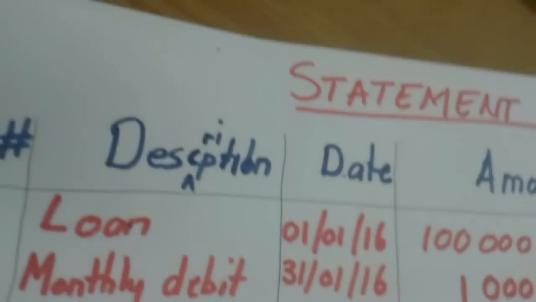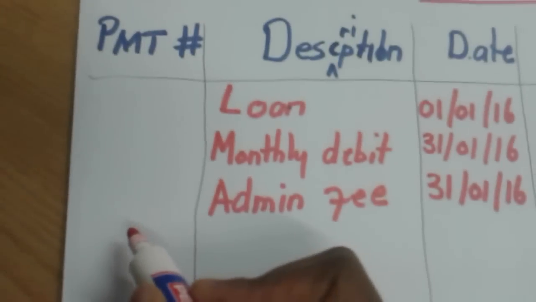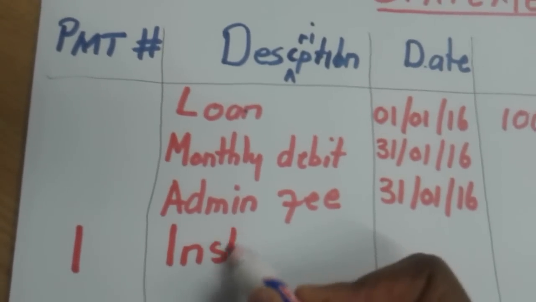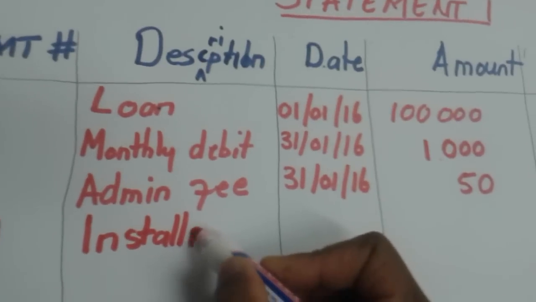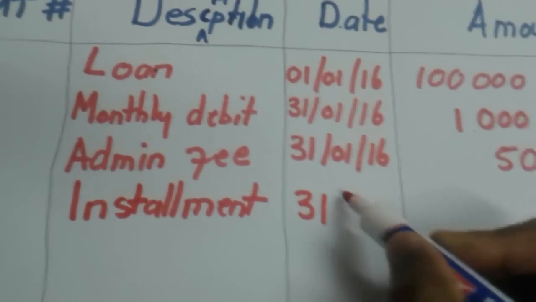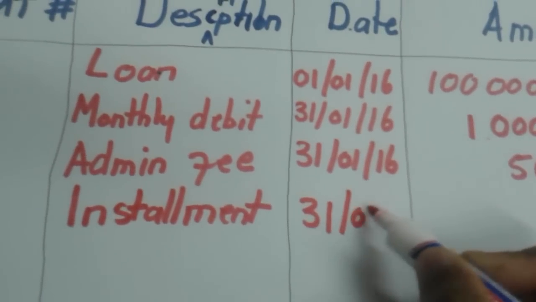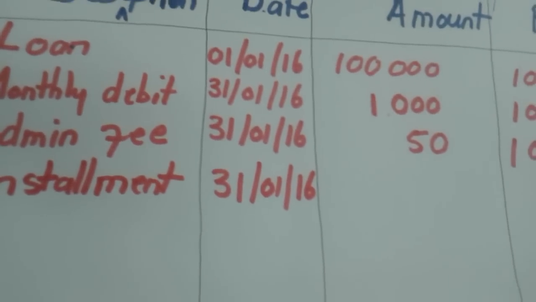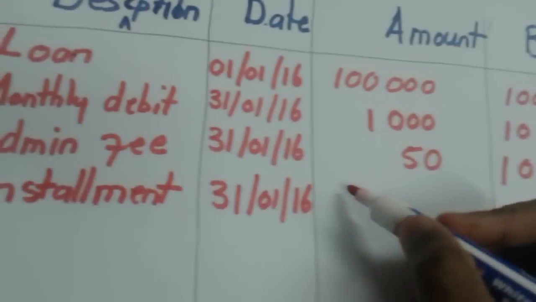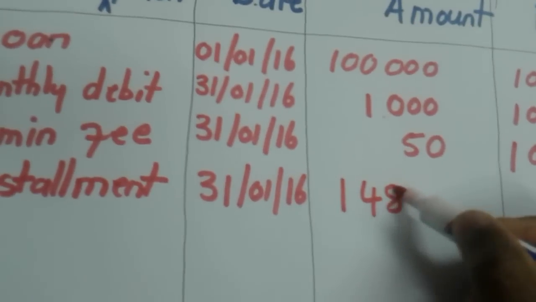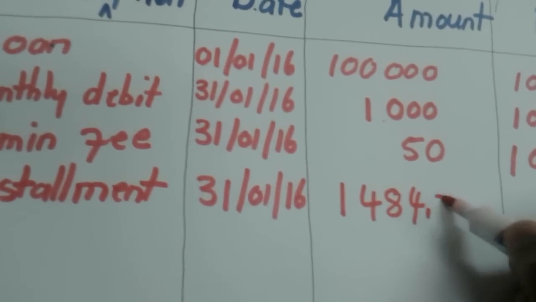Now let's come here and write that's now your payment number 1. So payment number 1, and this is your installment. Again the date is 31/01/2016. How much is it? We did work it out there, and it was 1,484.71.